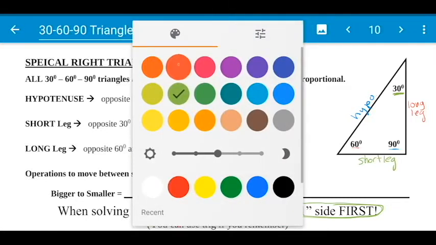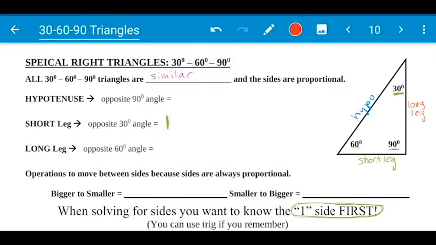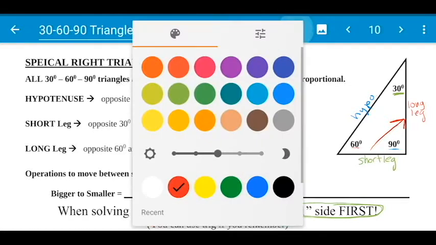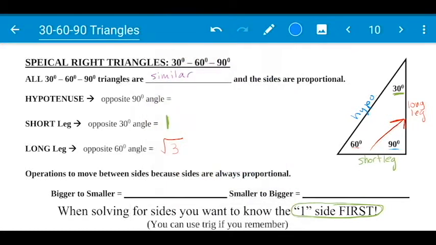So now to get from our short leg to our long leg, we're going to multiply by something. In these examples, the long leg is always going to be a factor of the square root of 3 larger, or the short leg is a factor of the square root of 3 smaller than the long leg. The easiest one is our hypotenuse.